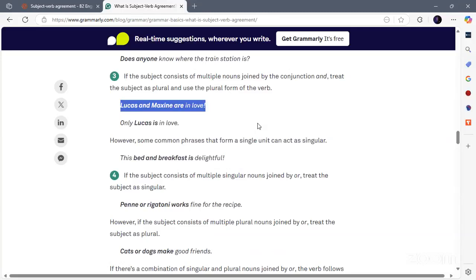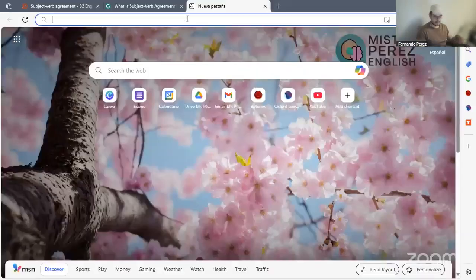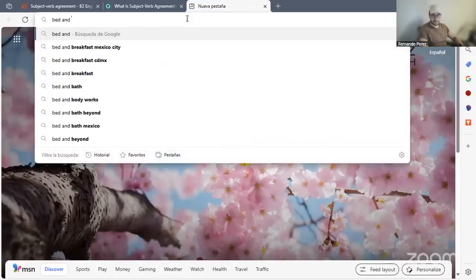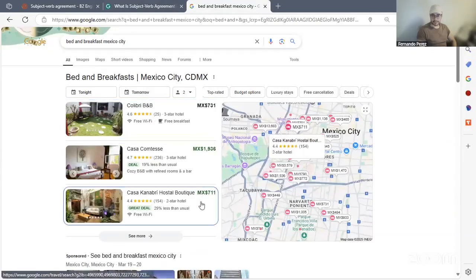The reason it is this way in this particular example is because bed and breakfast is the name of a universal package of hotels when you go on vacation. When you go on vacation, you say, let's have a bed and breakfast. Look, when I search bed and breakfast, they give me hotel results.